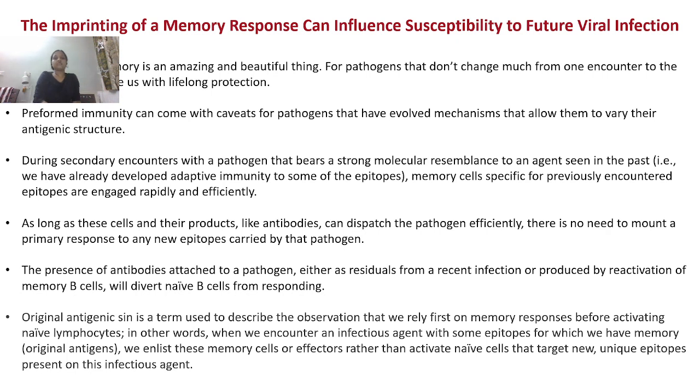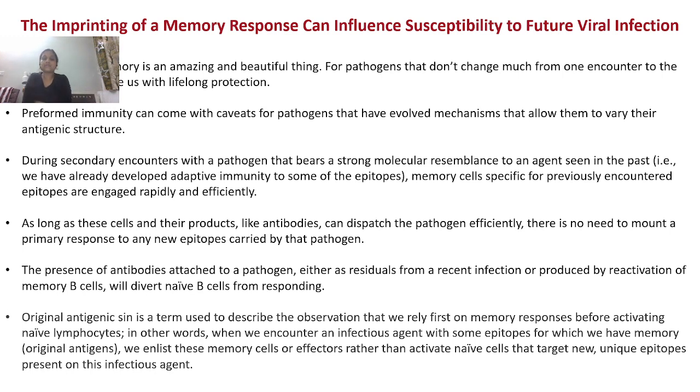During a secondary encounter with a pathogen that bears a strong molecular resemblance to an agent seen in the past, our adaptive immune system has already seen the epitopes and remembers, yes, I have already seen this pathogen. Memory cells specific for previously encountered epitopes are engaged rapidly and efficiently.